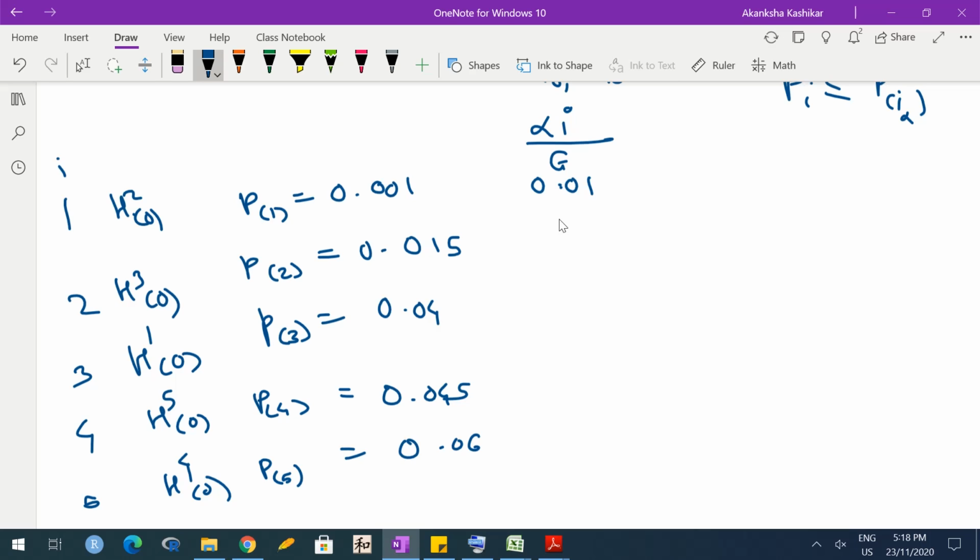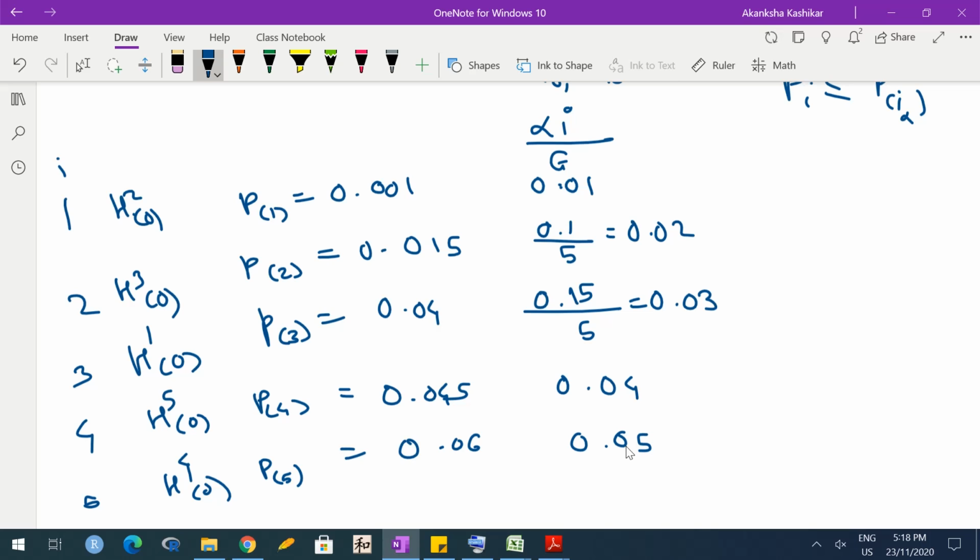The next number would be 2 alpha by G, so 0.05 into 2 upon 5, so basically 0.1 upon 5, which means 0.02. Then it would be 0.15 upon 5 because 3 into 0.05, so this becomes 0.03. Similarly, this becomes 0.04 and this becomes 0.05.